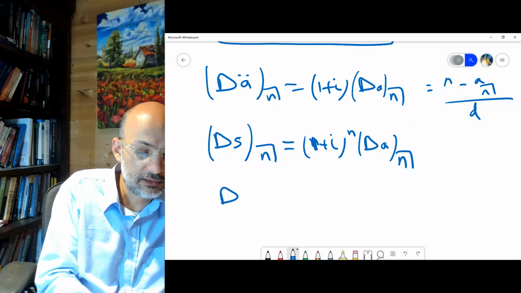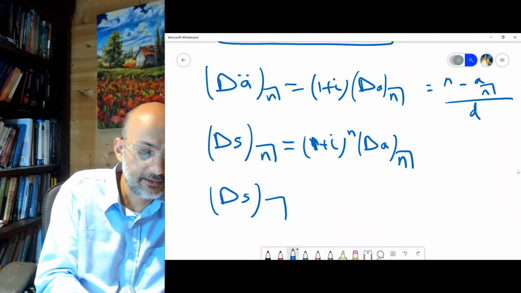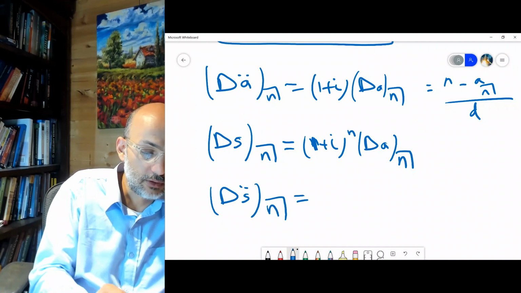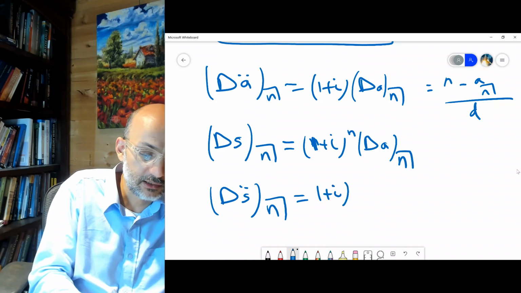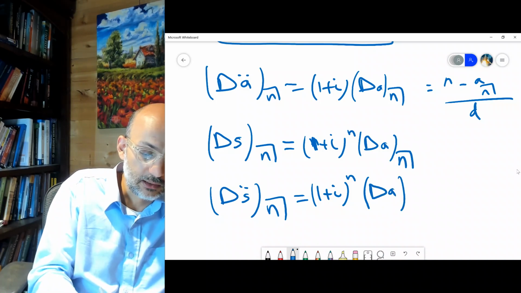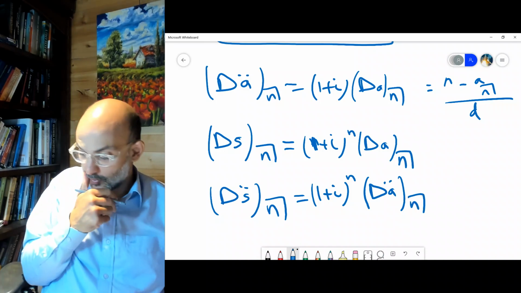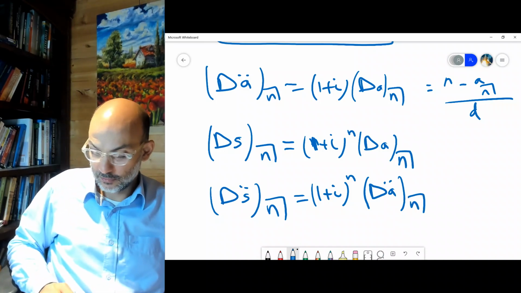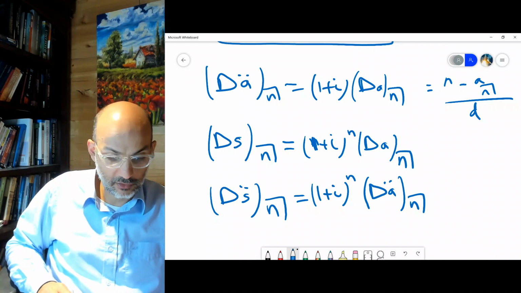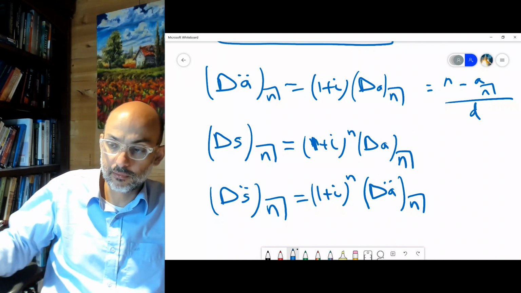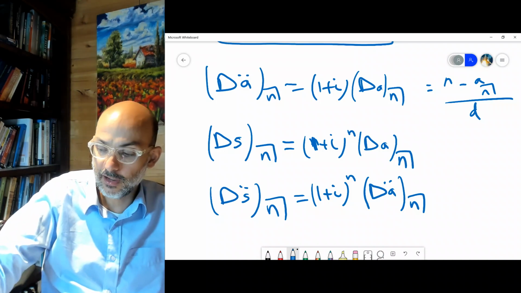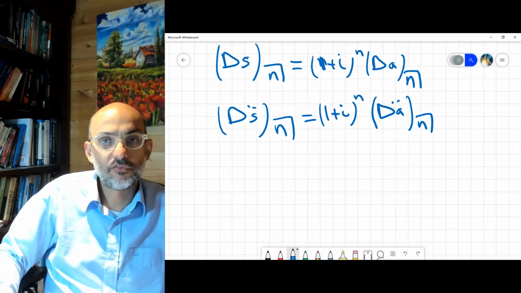If you do Ds angle n, it will become 1 plus i raised to n, instead of Ds it becomes Da, but also with dots, angle n. Again, you don't need to memorize all of them. Memorize one of the increasing, one of the decreasing, and derive the rest. Not much to do.